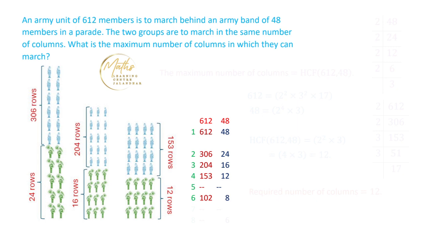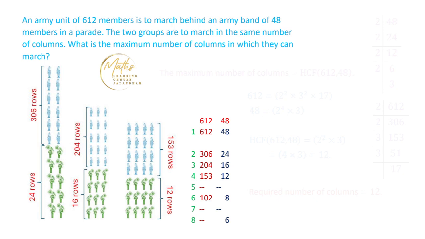So there will be 8 rows for band persons and 102 rows for army persons. For 7 columns, we cannot arrange 612 or 48 persons because these two numbers are not divisible by 7. Similarly for 8, 612 is not divisible by 8, but 48 is.